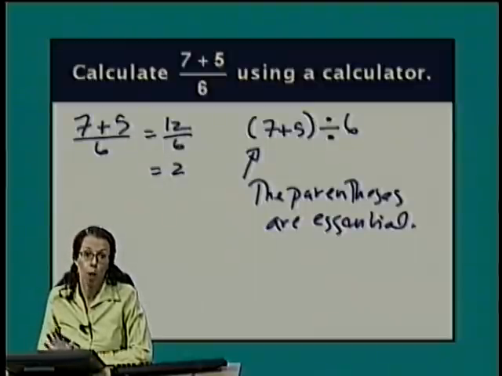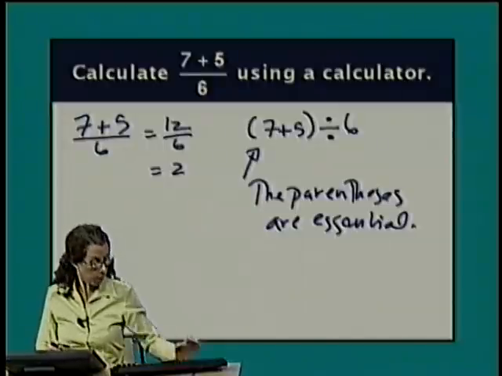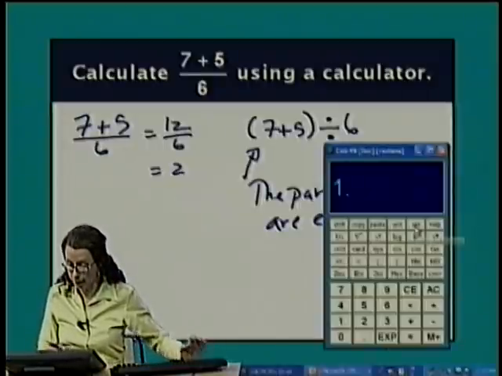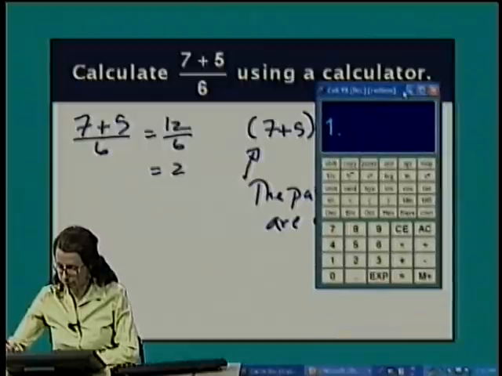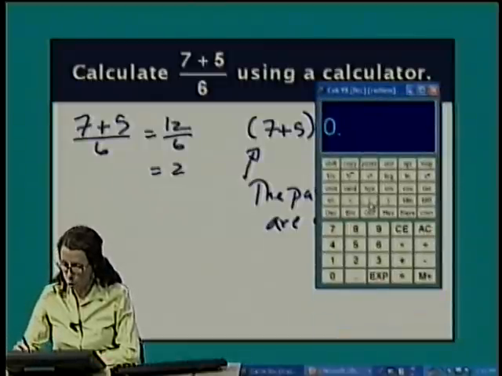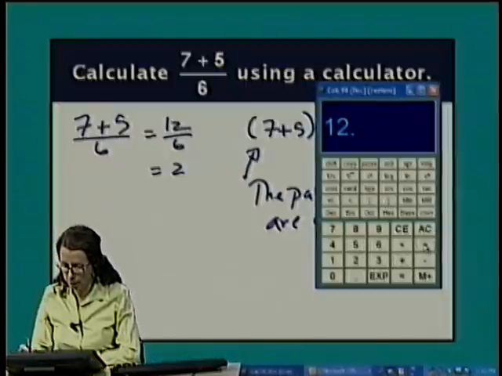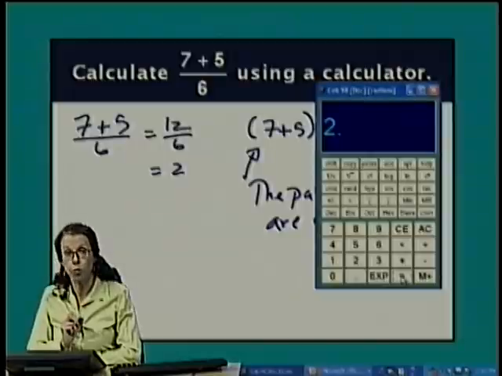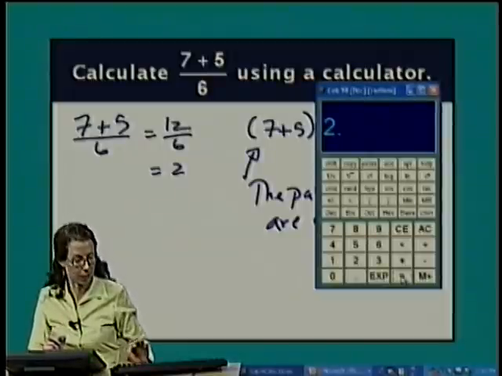That way I know I'm always using them when I need to be using them. So let me quickly just do this on the calculator, make sure it works. Open parentheses, 7 plus 5, close parentheses, divided by 6 equals 2, which is exactly what we'd expect.